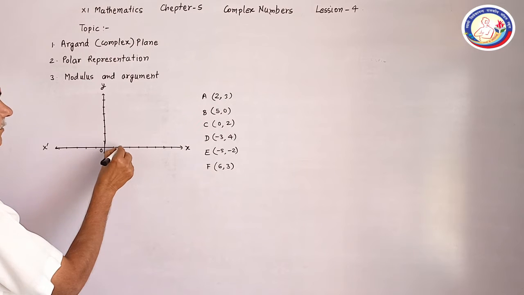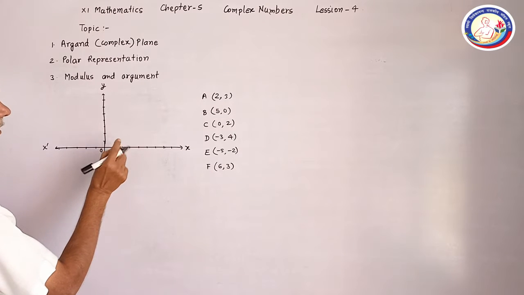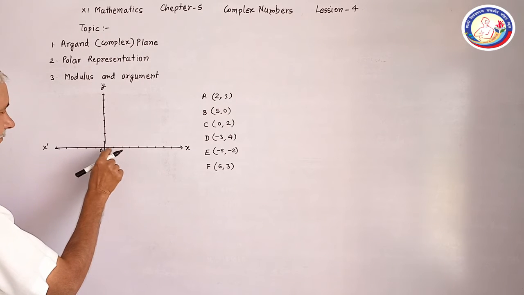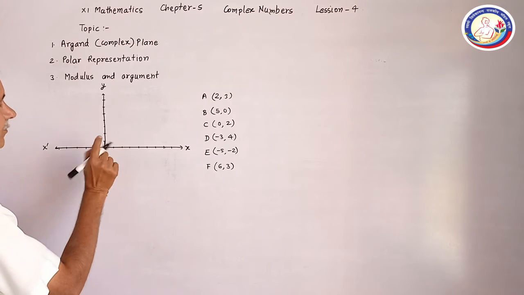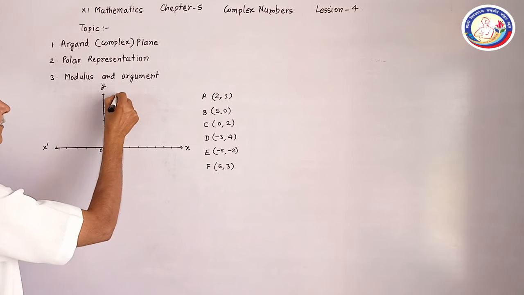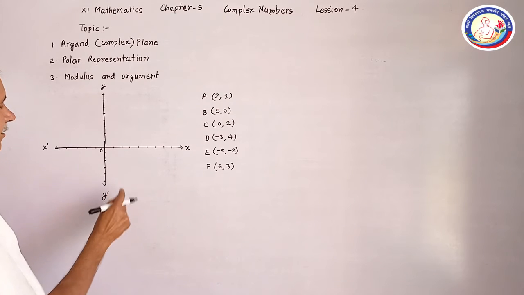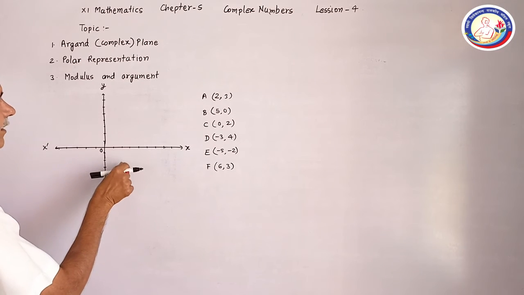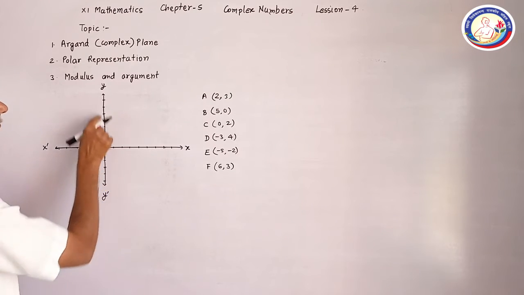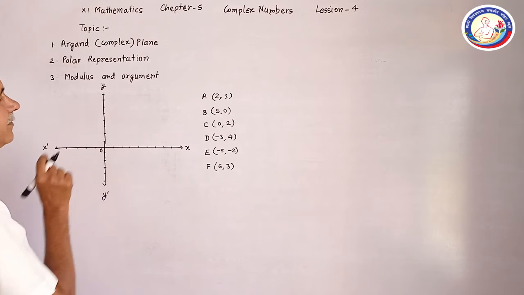This is the point where the distance from O is 2. Now, on this line, each point will be at a distance of 2 units from this y-axis or from origin.